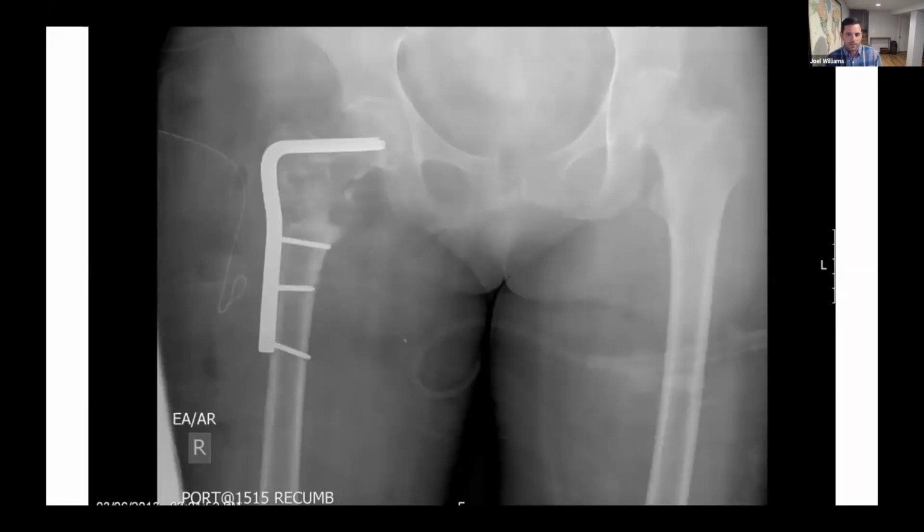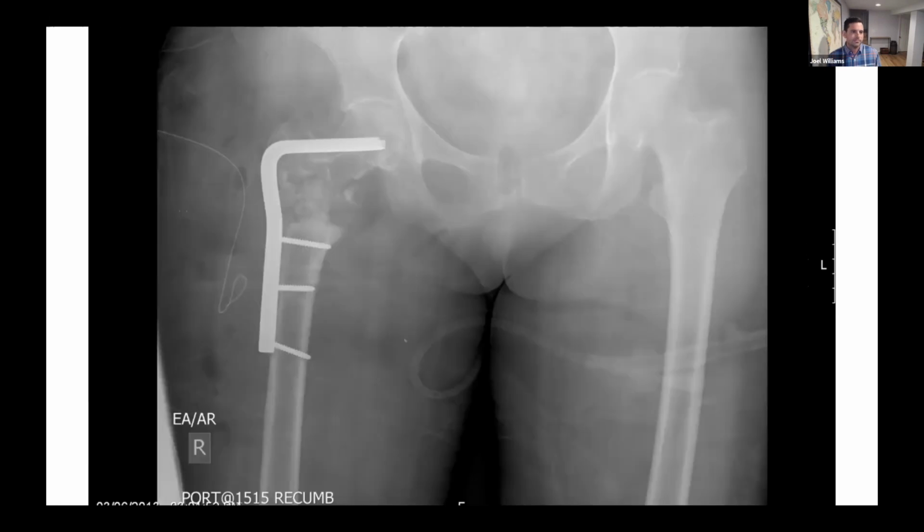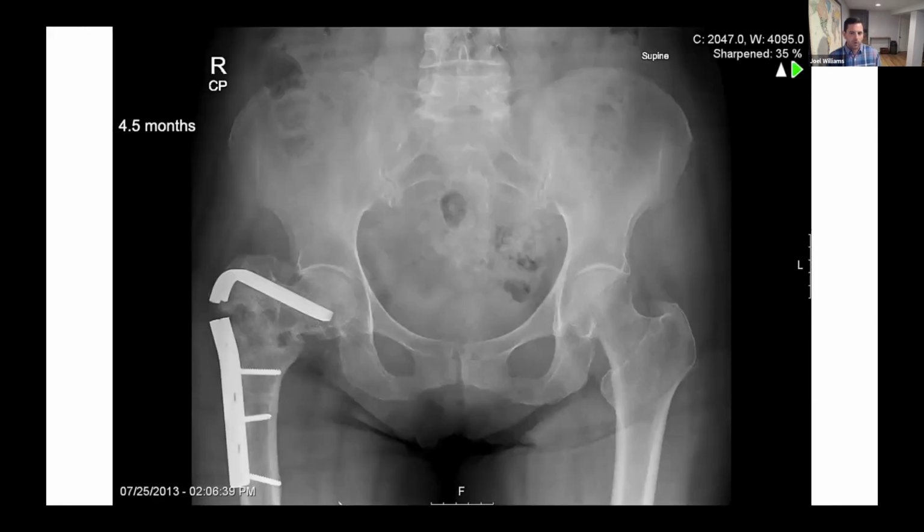She was revised with a valgus intertrochanteric osteotomy, and allograft was used to fill in the gap. Here she is 4 months post-op, and if we compare it to her immediate post-op, you can see that she's lost some of her correction, and then at 4.5 months, she ultimately failed.